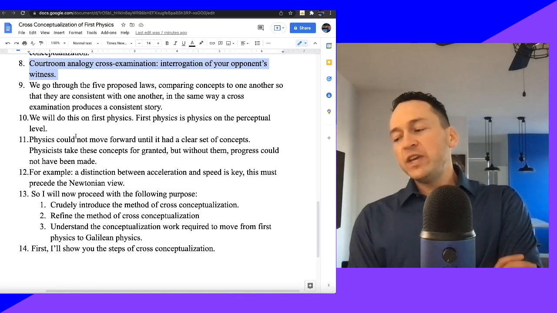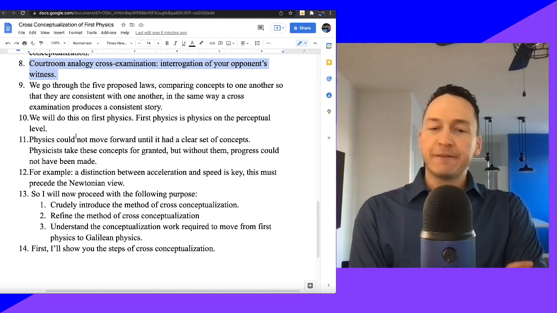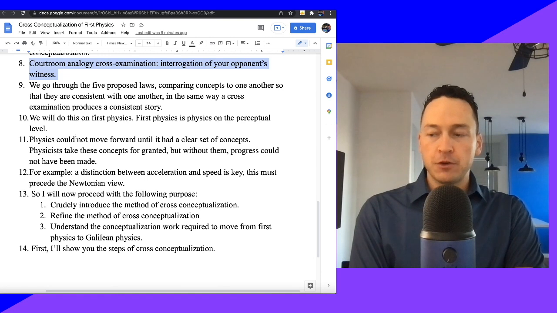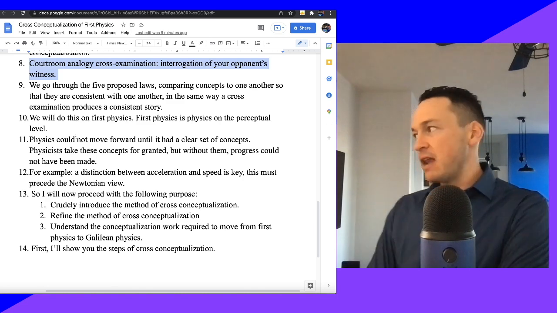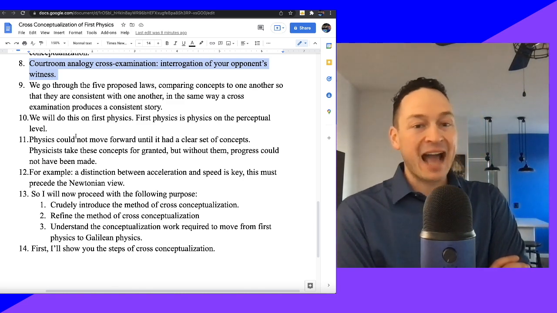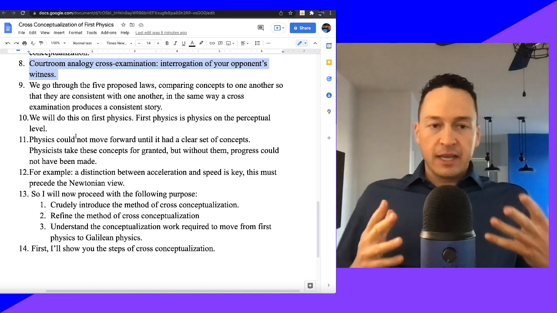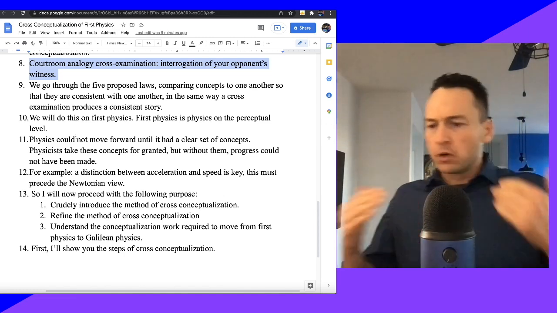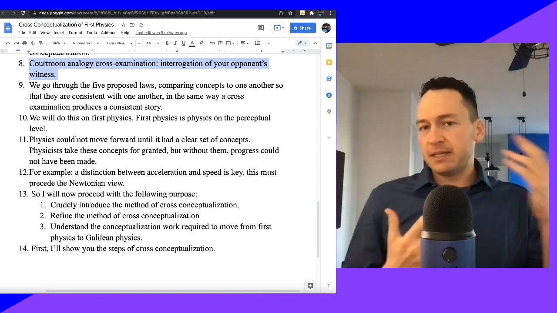But now we get to subject that witness to a different point of view, from the possibility, entertaining the notion that the defendant did actually commit the crime he was accused of. And so what we're doing here is, in the courtroom, we're looking at the same set of facts from a number of different perspectives.